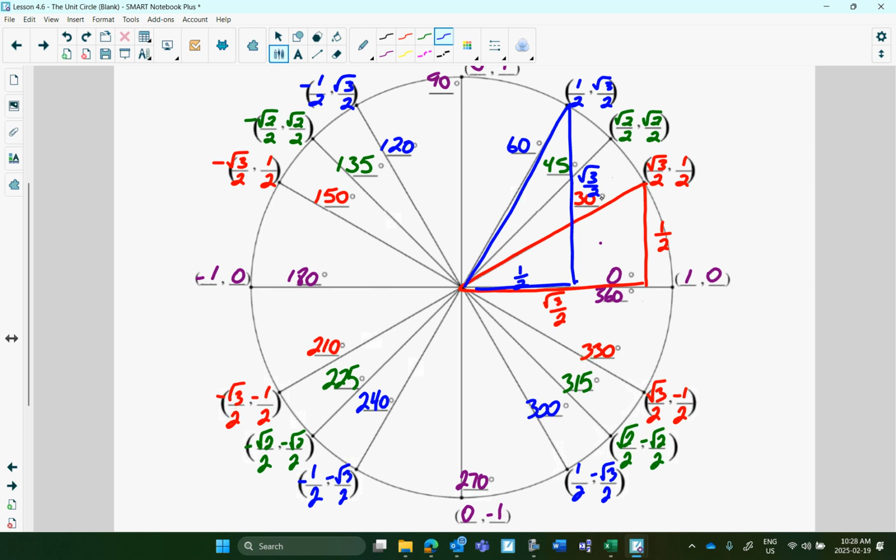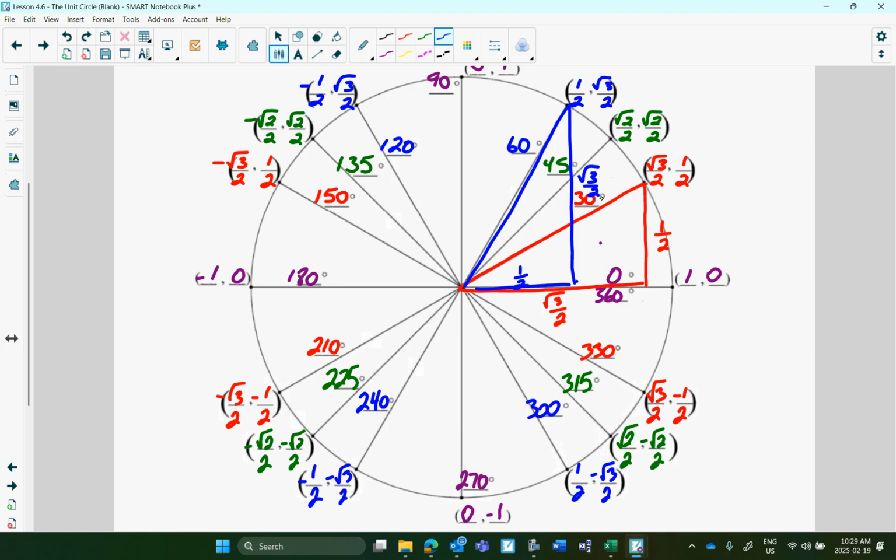Okay? Okay, so just looking at this, without looking at the next page, here's the questions I can ask you right now. What point on the unit circle corresponds to an angle of 60 degrees? Yep, that's it.